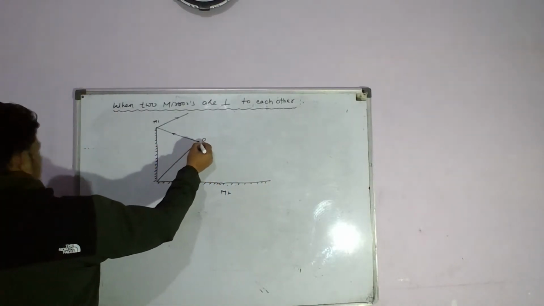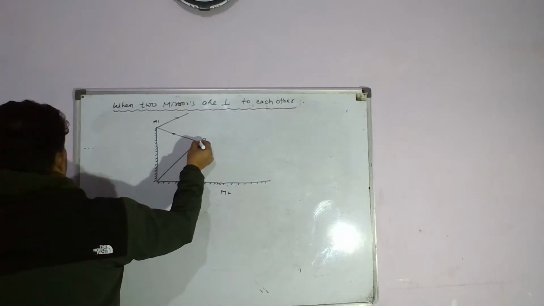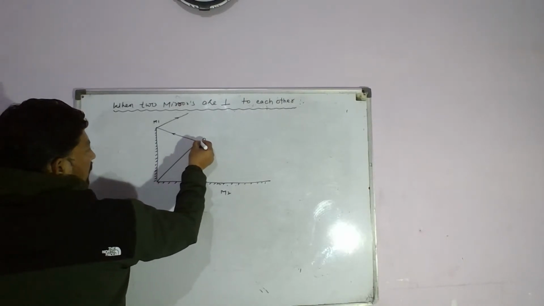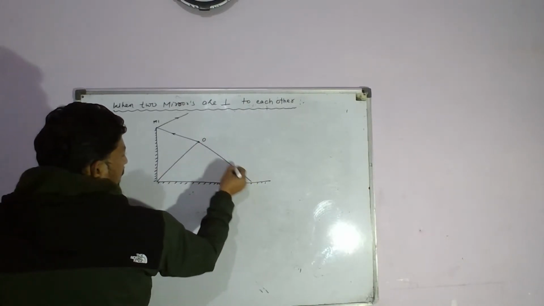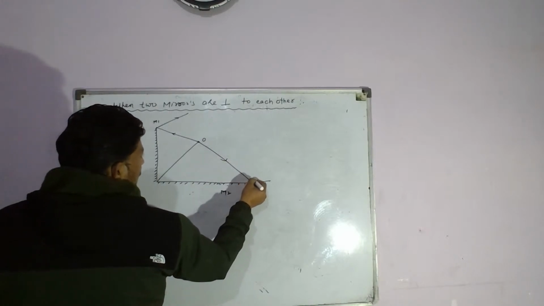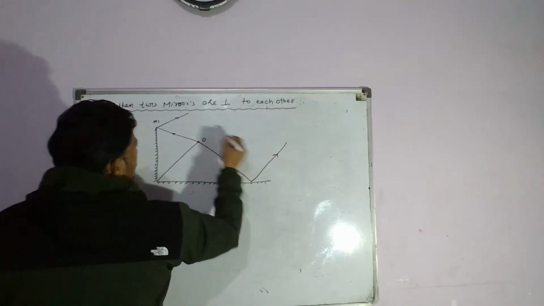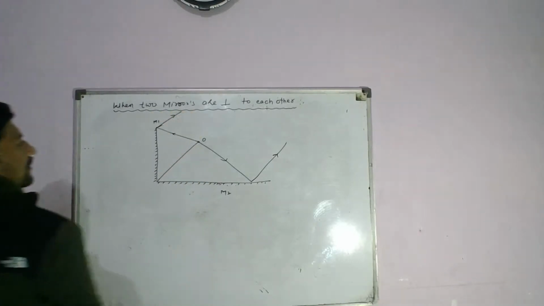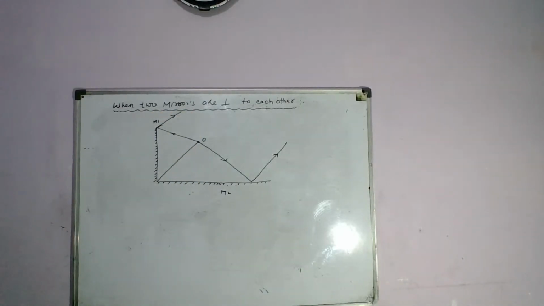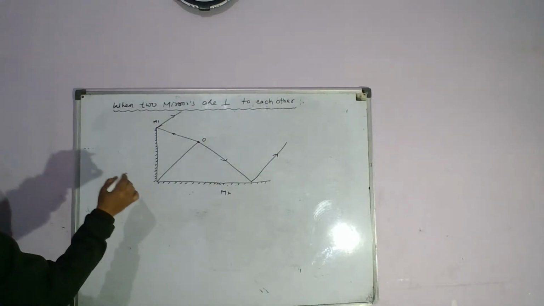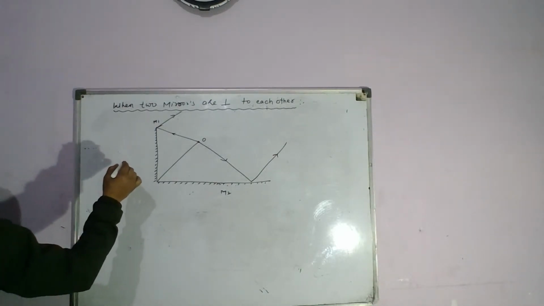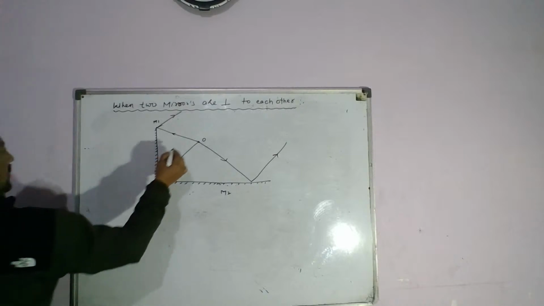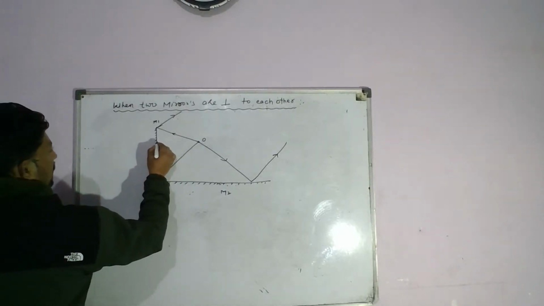This ray strikes here and it reflects. After reflection, you know, this is the object.